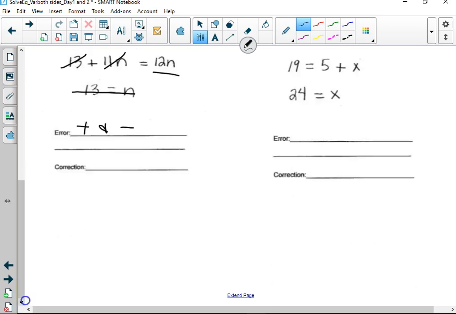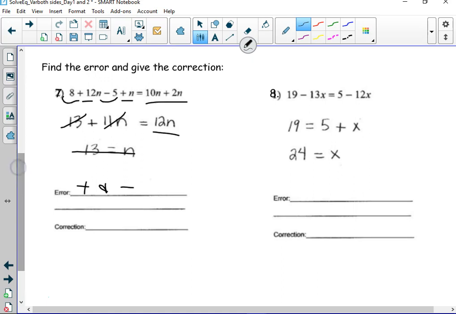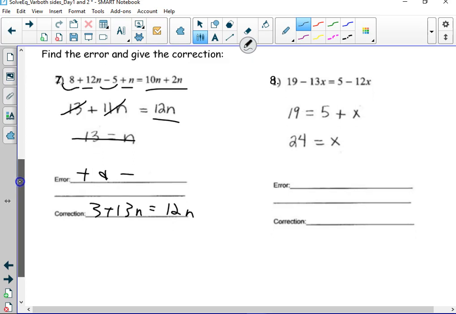So to fix it up, 8 minus 5 is 3. 12N plus N is 13N equals 12N. Now, this is one of those things where it's going to be 2 steps anyway, so I'm going to get a negative 1N, but if I move the 12N over, I'd have to move the 3 anyway.